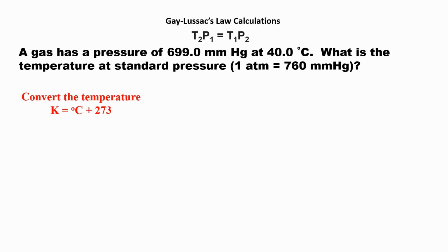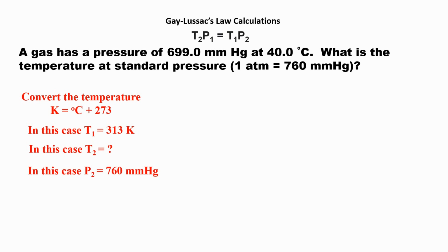Once again, we convert the temperatures. In this case, T1 is equal to 313 K. T2 is unknown, and P2 is equal to 760 millimeters of mercury, which is actually standard pressure.